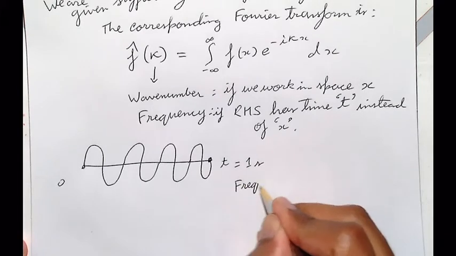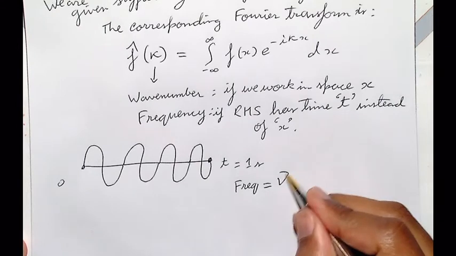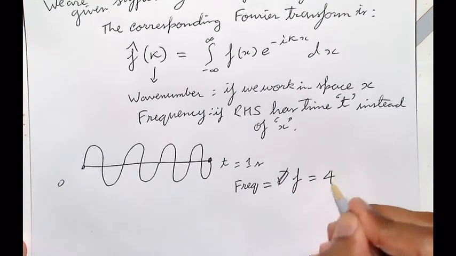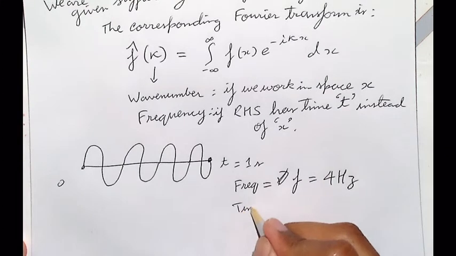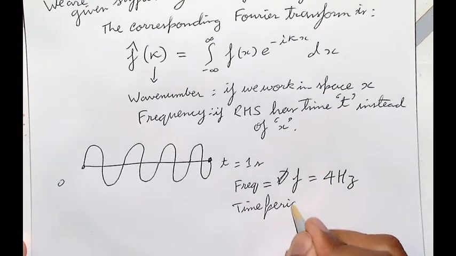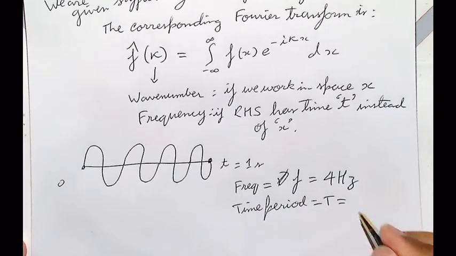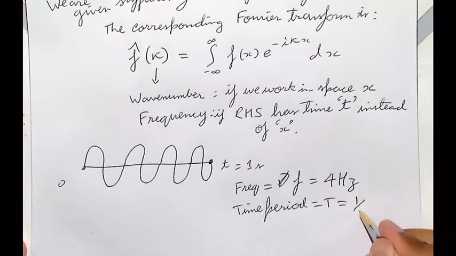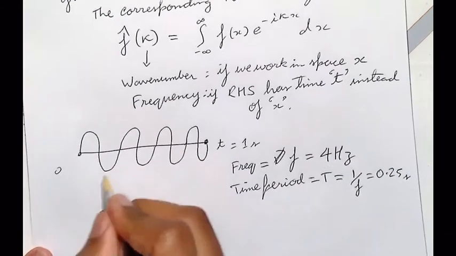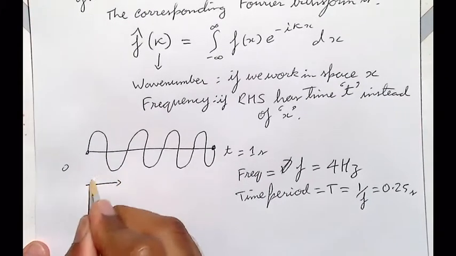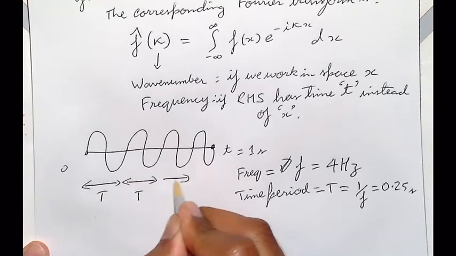Let's just use f. It's 4 hertz. What is the time period? Quarter second. Yeah, it's 1 over f, 0.25 seconds. And here, this is the time period. So this is one full wave, this is the second full wave.